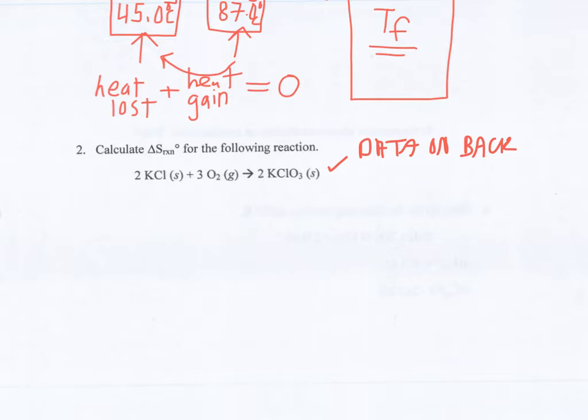So if you look at the data, you'll see that you've been given the standard entropies, and those will be used in the summation equation to calculate the change in entropy for this reaction. So first thing, write out your general formula for this.